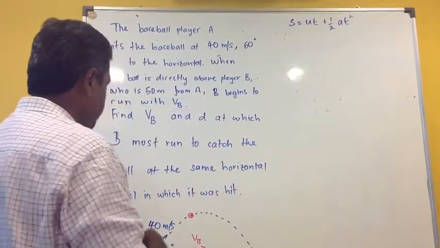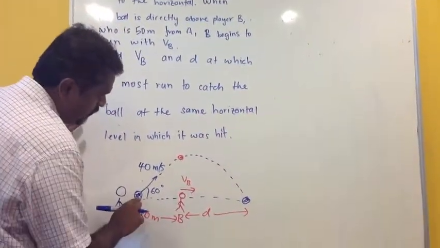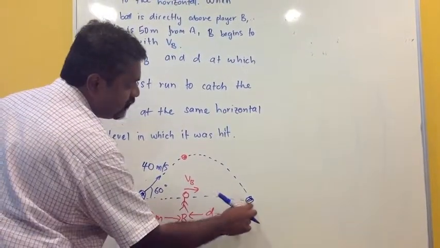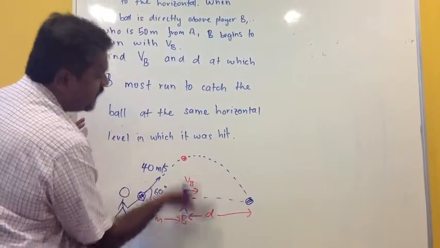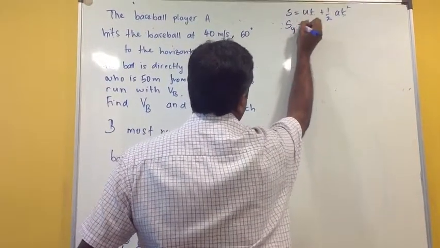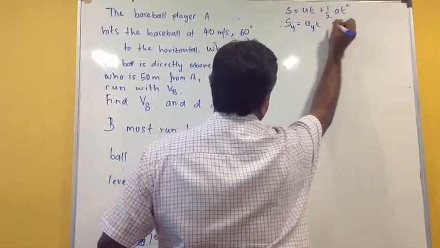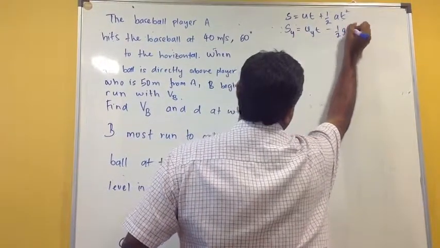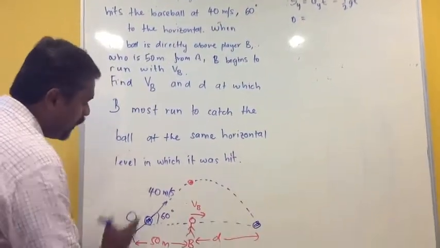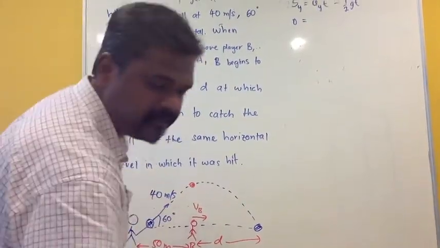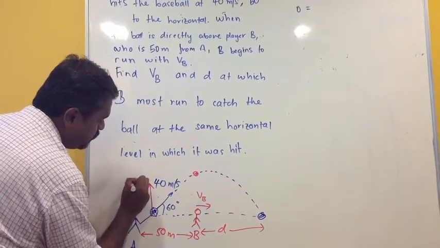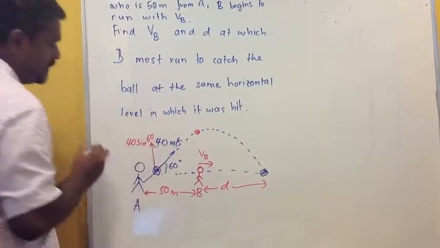Since the ball begins to launch at this horizontal level and lands at the same horizontal level, the displacement in the y-axis will be 0. So if we analyze this from the y-axis, then Sy equals uy t minus half g t squared. Since Sy is 0, uy will be 40 sine 60 in the y component.